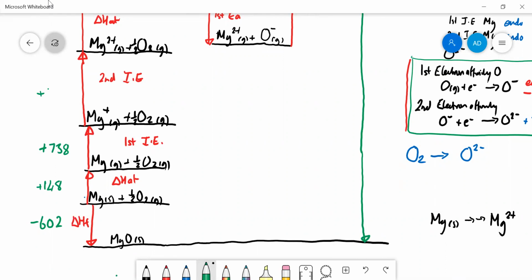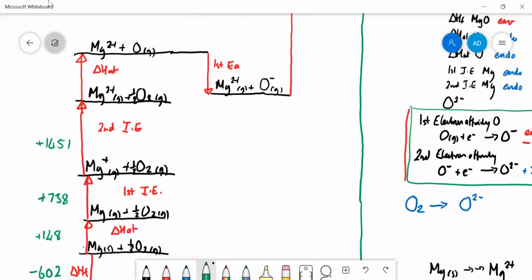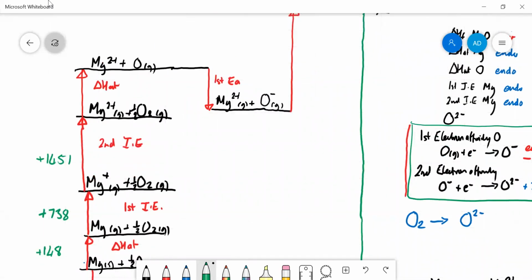Second one is bigger, 1451. Atomization of oxygen now has a value of 298. The first electron affinity is -141. And the second one is plus 793.